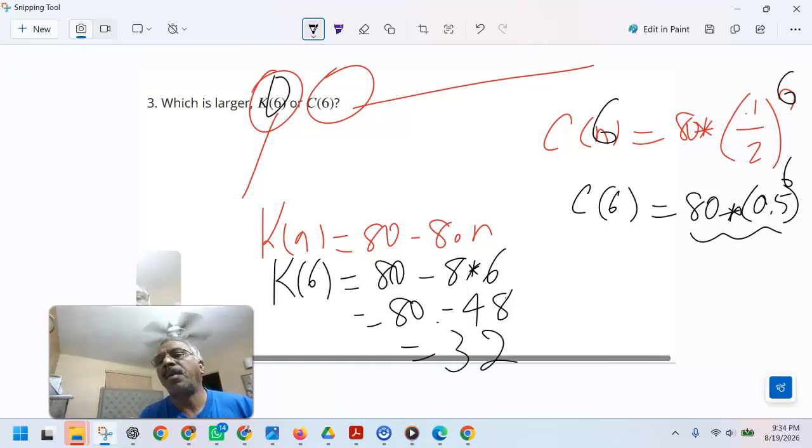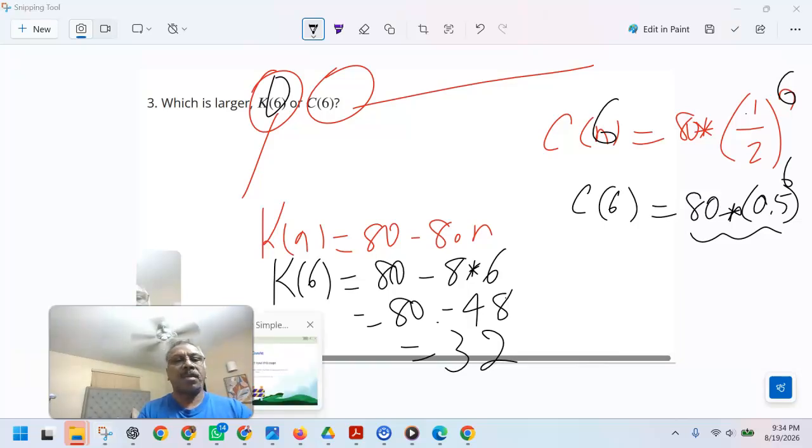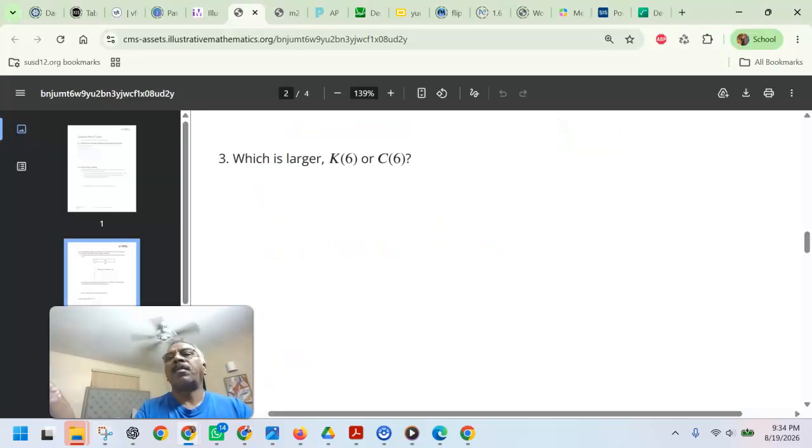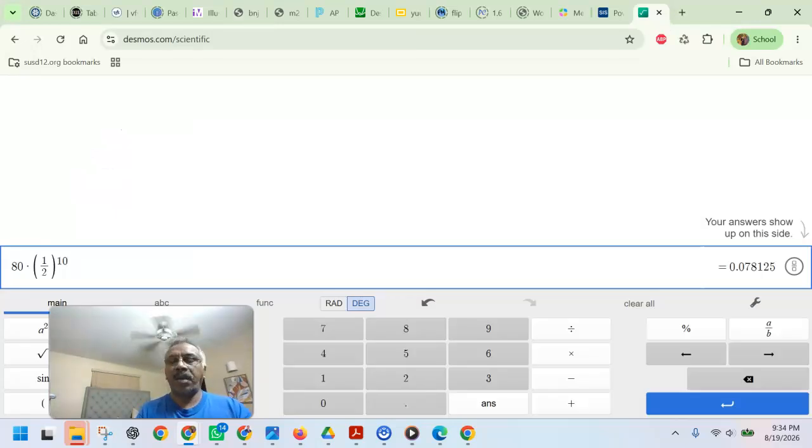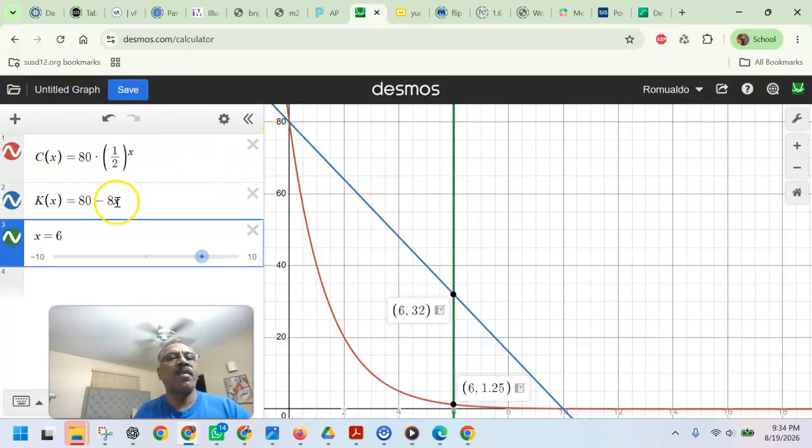And here you'll have to do a little work. If you want to use the calculator, we can do right here, take this off and put 6 there. See, you get 1.25.